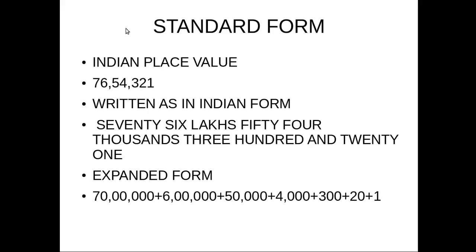See, Indian place value is written as 76 lakh 54,321 in Indian form, and in expanded form it is written as 70 lakh plus 6 lakh plus 50,000 plus 4,000 plus 300 plus 20 plus 1.